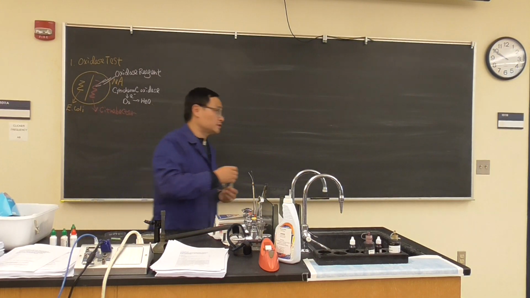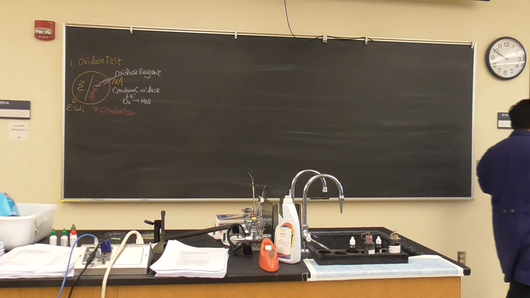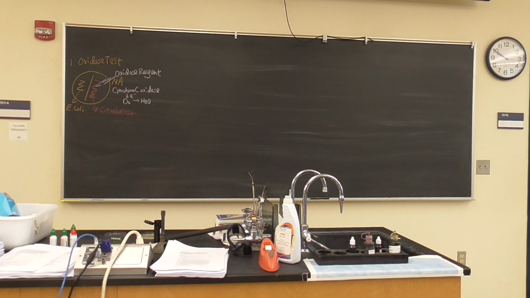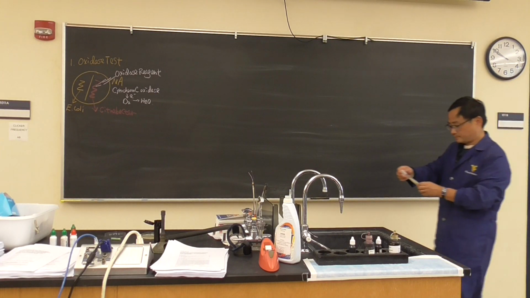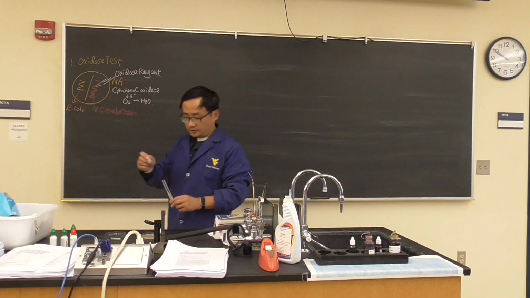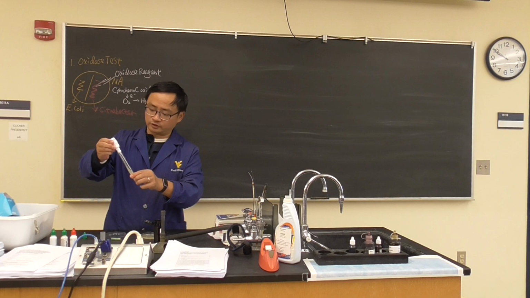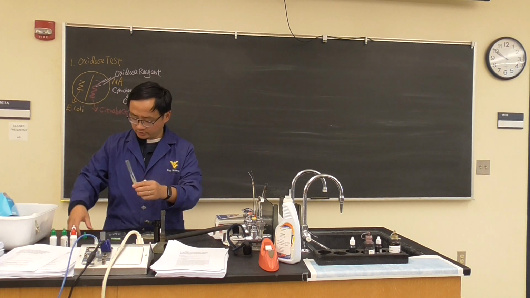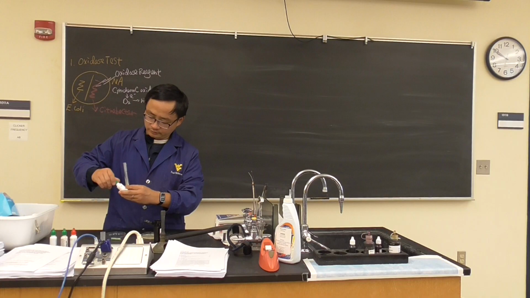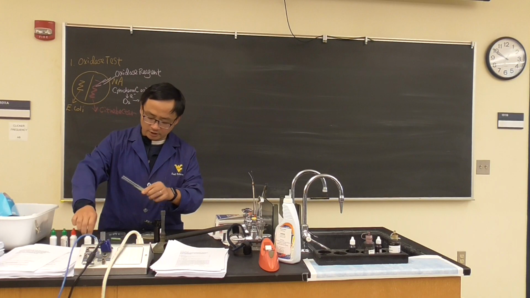Okay, let's see Bacillus, where do we have it? I just get it from here. Okay, we have a Bacillus right here. Let's see whether it's positive or negative. Let me add a couple of drops. Bacillus, is that positive or negative? Looks like it's not.